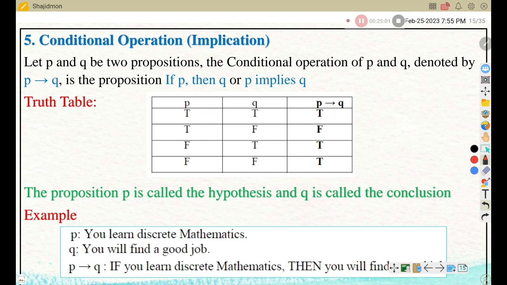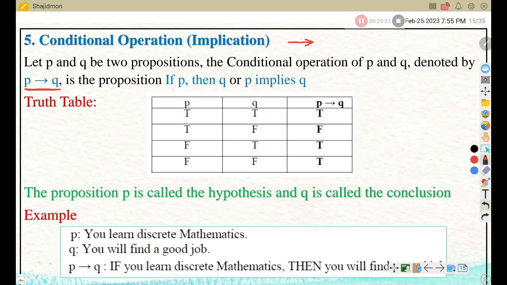Now we will come to the next idea, the conditional operation, or implication. We say implication, implies, with a one-sided arrow like this. Let P and Q be two propositions. The conditional operation of P and Q is denoted by P one-sided arrow Q, or P implies Q, and it is a proposition.